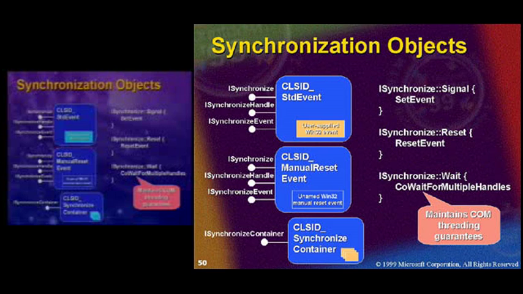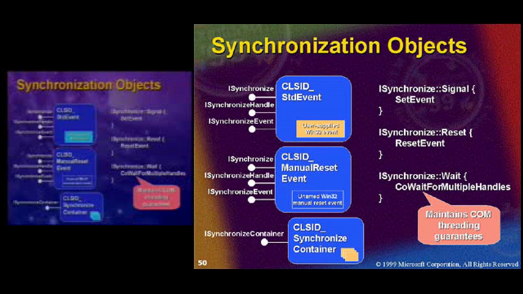We also provide some standard synchronization objects. The first is class ID standard event. I know you probably can't read what that little thing says, but in the standard event, you supply a Win32 event that you want to wait for. But you're providing this nice COM-based interface that you can use to wait. And you can call iSynchronize wait so that you're maintaining your COM threading guarantees.